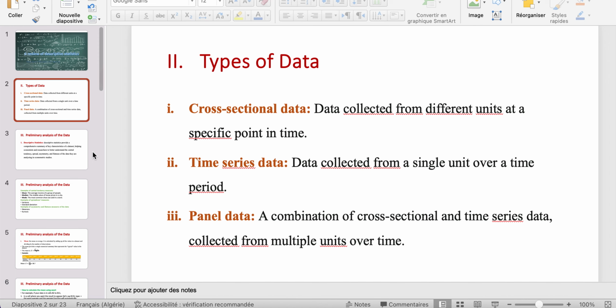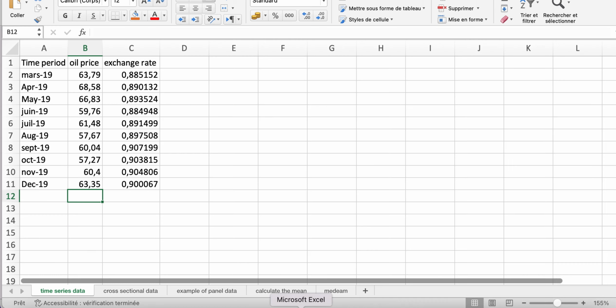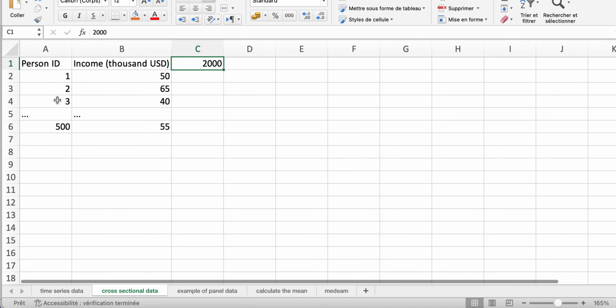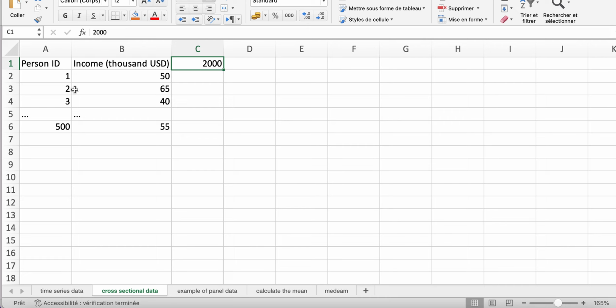Okay, I will show you an example of cross-sectional data here. Like you see, we have person ID, a group of individuals. We have 500 individuals in the data set, and we observe the annual income in $1,000 in the year 2000.